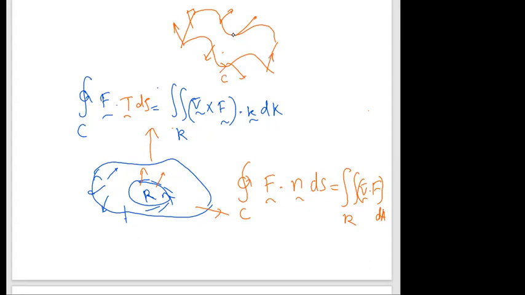Here we have a three-dimensional vector field. Green's is for a two-dimensional vector field. Now our geometry is embedded in three-dimensional space, right? So this is a three-dimensional object in three-dimensional space.